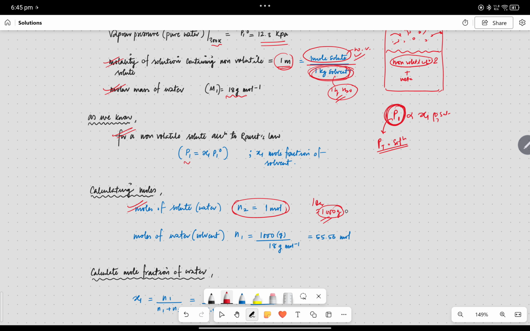Once you know the weight of water, you can calculate the number of moles of water present in it: 1000 divided by 18 gram per mole, that is 55.56 moles of water.